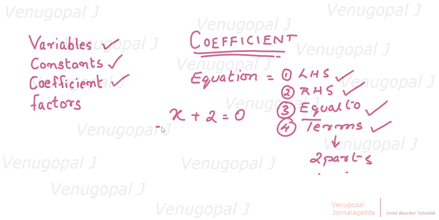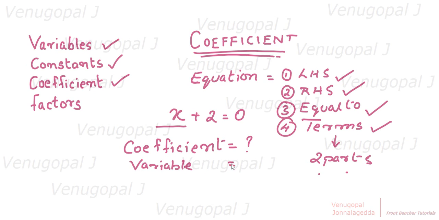Now I said there are two parts to a term. One is the variable and another is the constant. Here, tell me what the coefficient is. This is an interesting thing. What is the coefficient of this? And what is the variable of this? Just think over it.